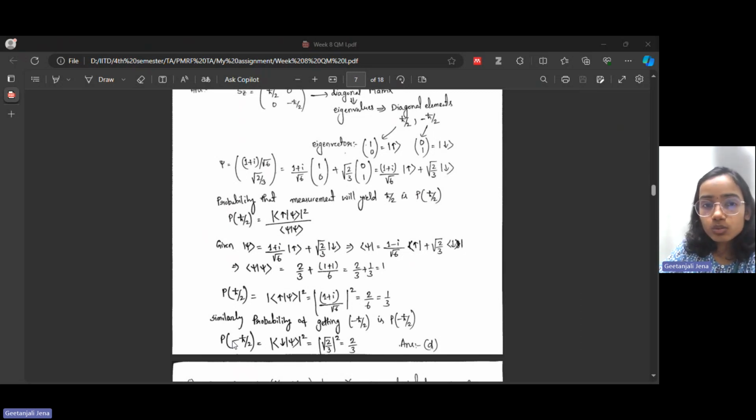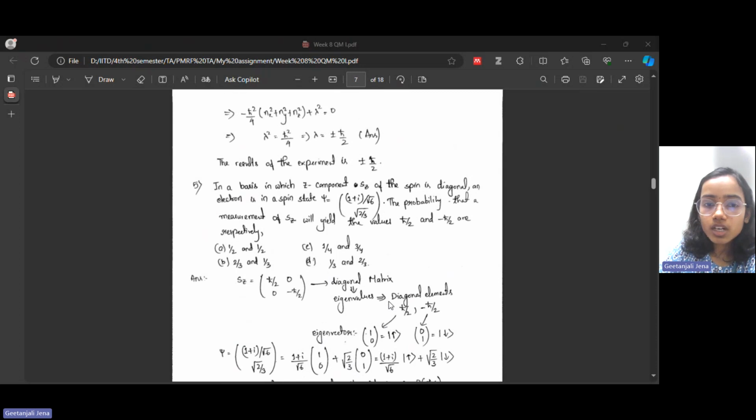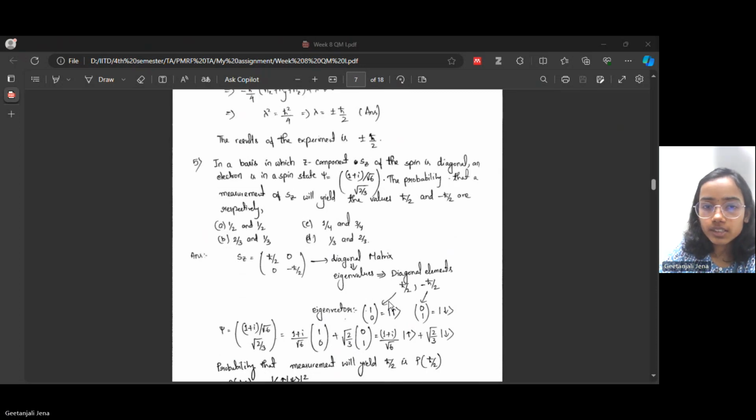You see that the coefficient corresponding to this down state is root 2 by 3, so the probability will be 2 by 3. So the probability of getting h squared by 2 is 1 by 3 and the probability of getting minus h squared by 2 is 2 by 3. So the answer will be D.